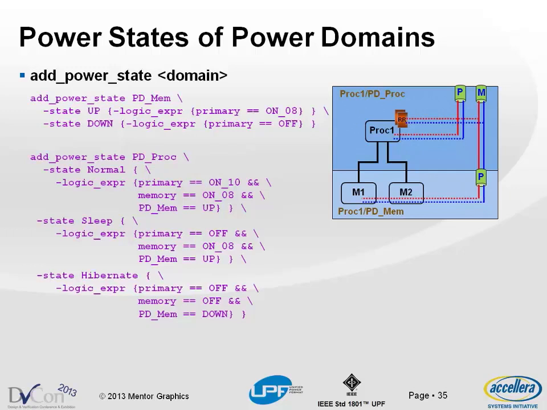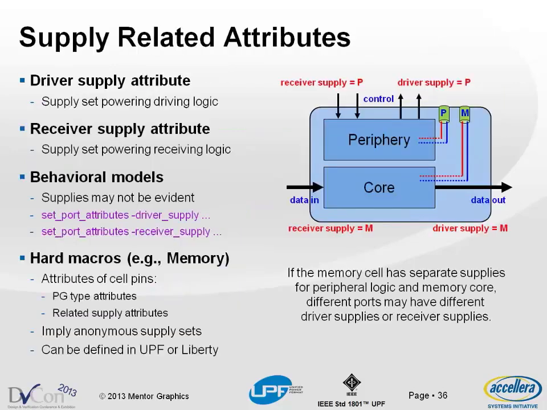That's the essential change for 2.0: power states based on supply sets and power domains. Now there's a couple of related issues. If we have a block like this with a periphery and a core and they have different supply sets, as you can see, so this is the primary supply for the periphery and the memory supply for the core perhaps, different pins here can have different driving and receiving supplies.